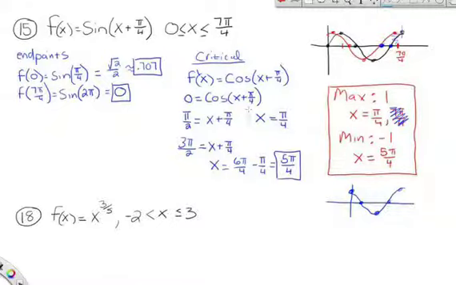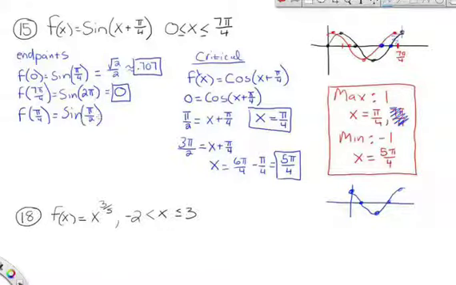So I don't know if these are minima or maxima yet, but I know that they're critical values which I need to check. So I come back over to my list of things I'm checking, and now I need to check f of pi over 4, which gives me sine of pi over 4 plus pi over 4 is pi over 2.